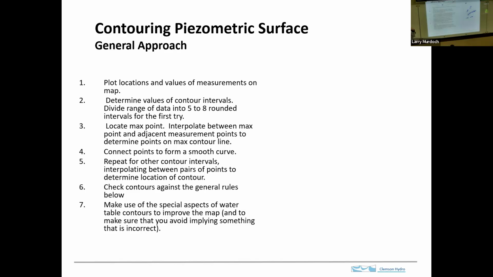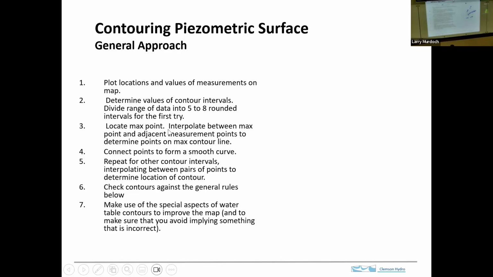If you did it every 10, you'd have 10 intervals. That's more detailed, but it'll get cluttered. We can always draw in more contours, but 4 to 8 is usually going to be a good number.